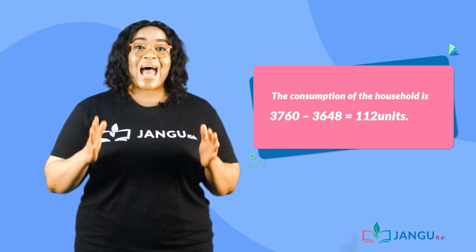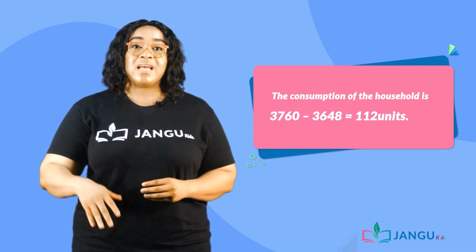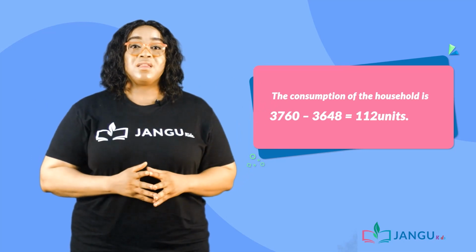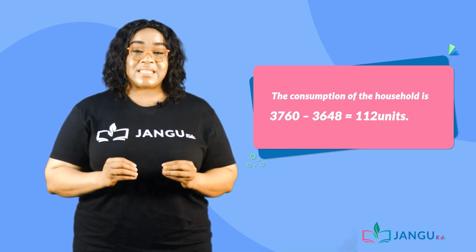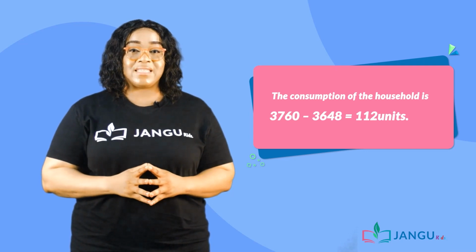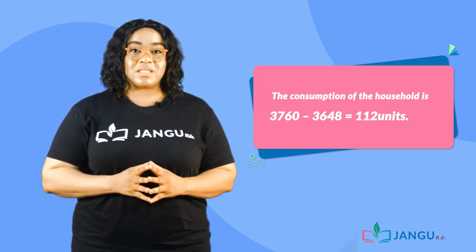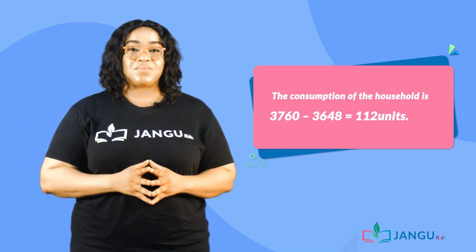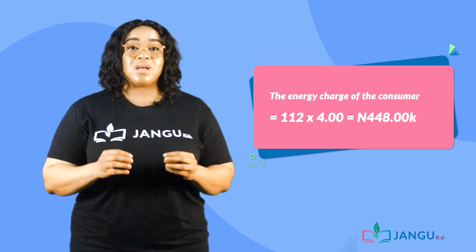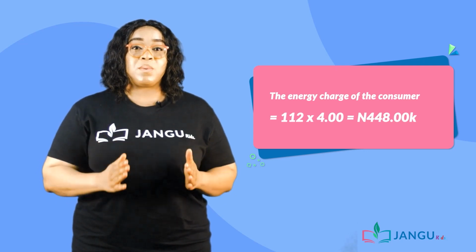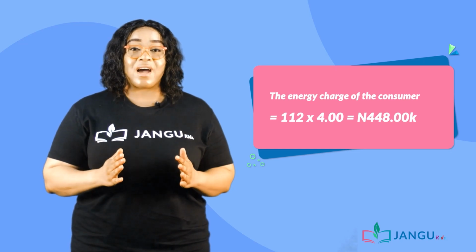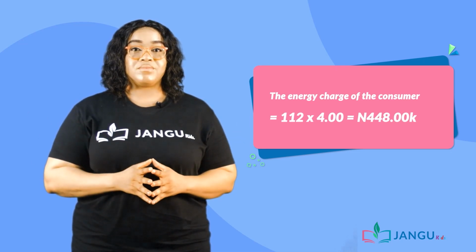1. The consumption of a household is the difference between the present reading and the previous reading, which is 3,760 minus 3,648, which equals 112 units. The energy charge of the consumer equals 112 multiplied by 4 naira, which equals 448 naira, 0 kobo.